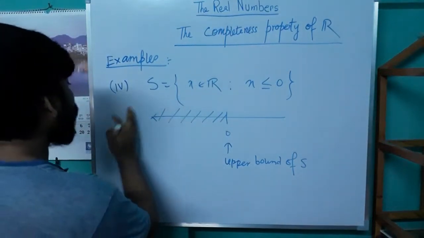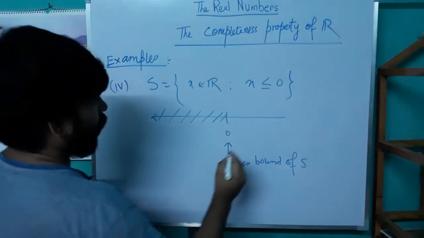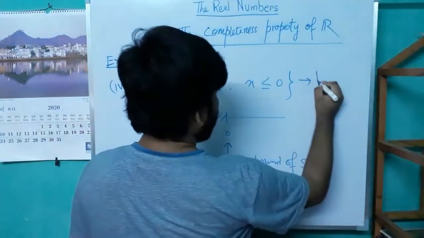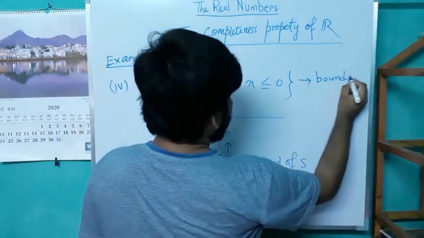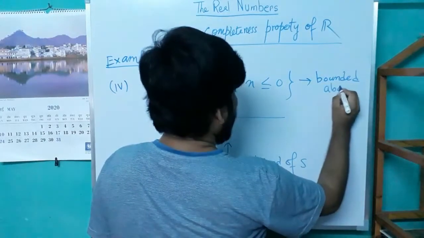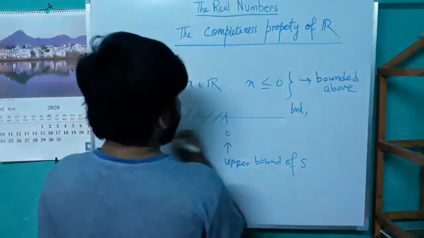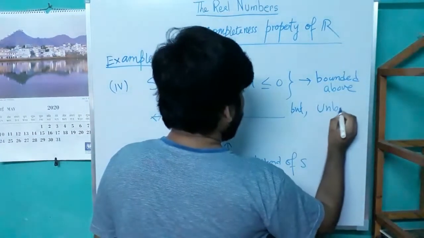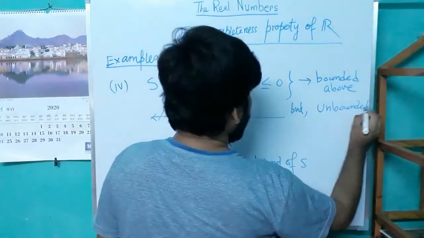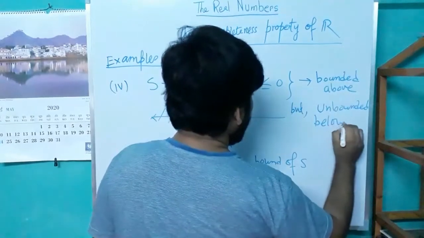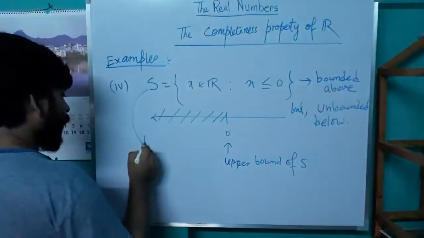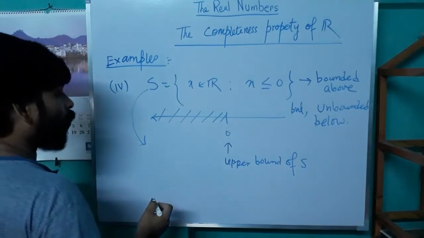So this is unbounded below but bounded above. Again this set is an example of an unbounded set.